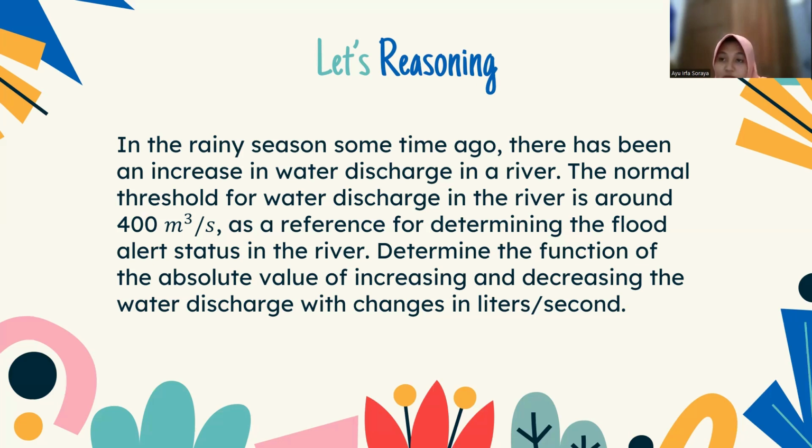Okay, thank you, Vida. From the problem that has been read, what can we assume x as? Anybody can answer it? We can assume x as the river water discharge, Miss. Okay, great, Laili.